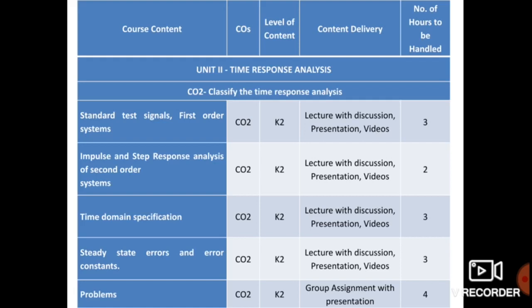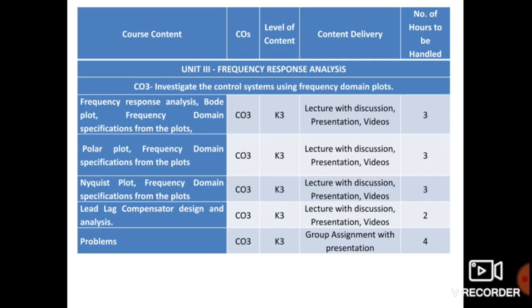We'll also be learning about steady state errors and error constants in the second unit. So totally you will be able to attain the knowledge to classify the time response analysis of a control system from this unit 2.